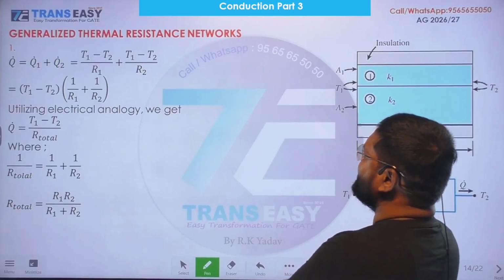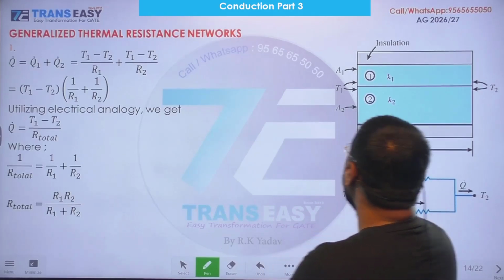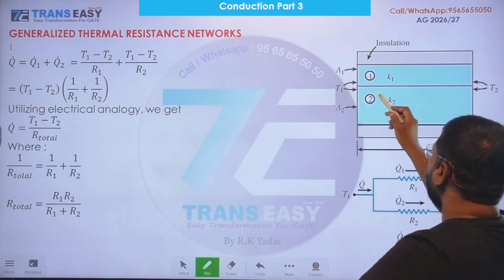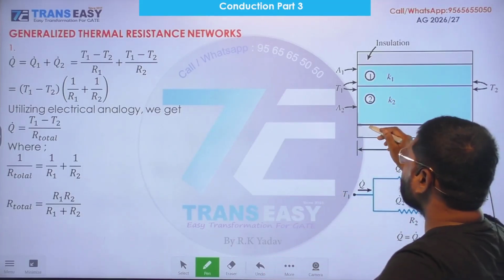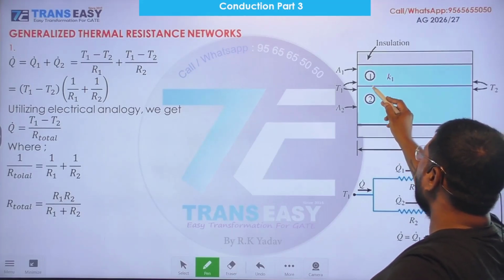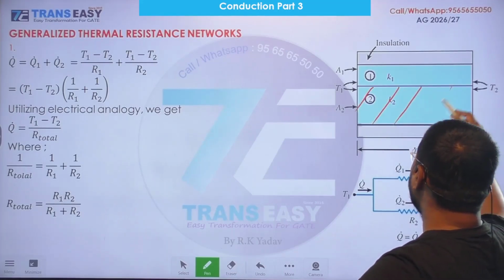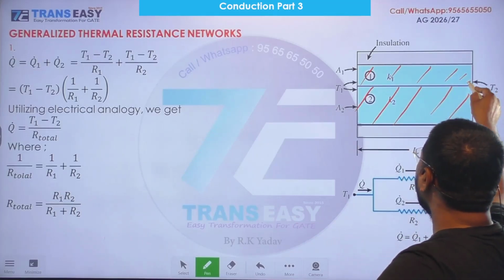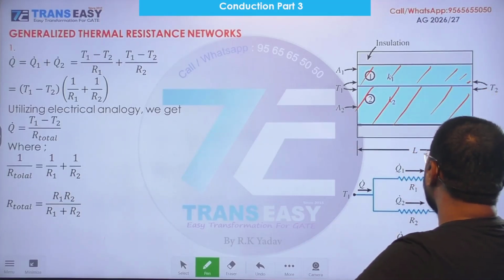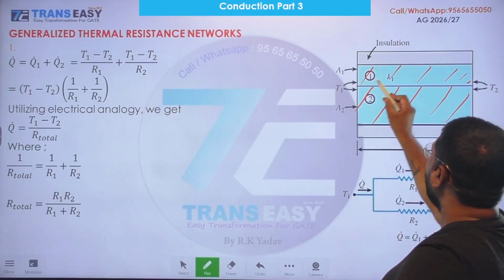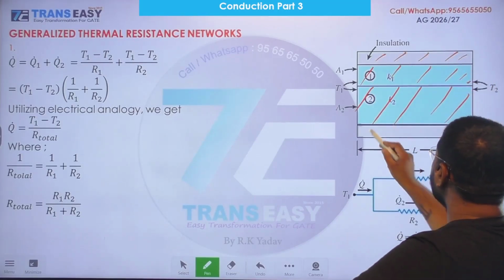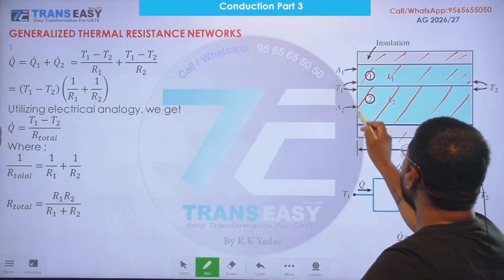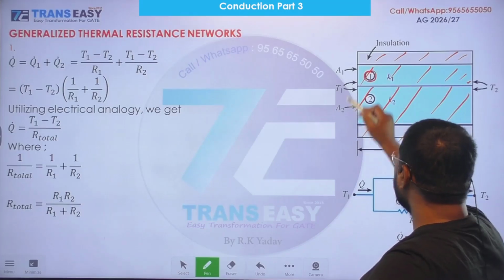Generalized thermal resistance network, dear friends. Two slabs are in parallel, right? Insulation, this is 1 and this is 2.